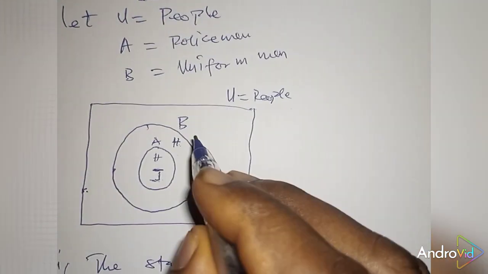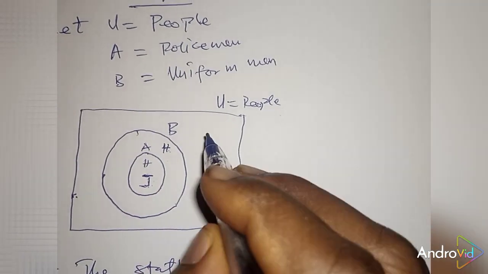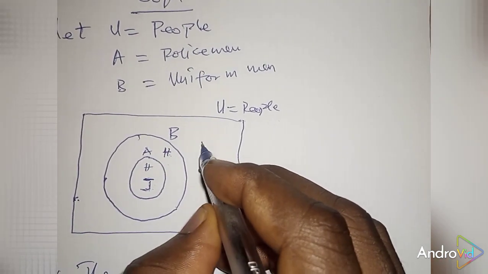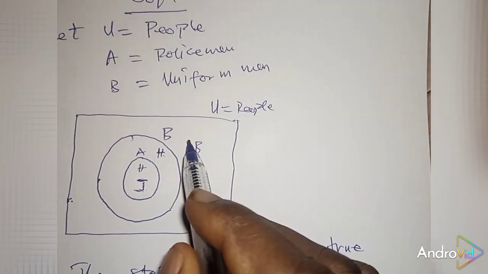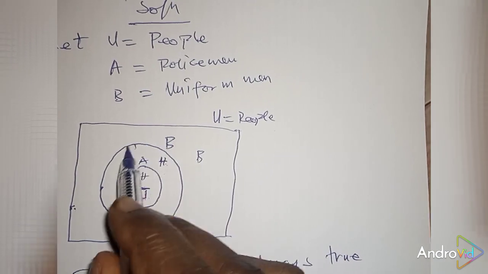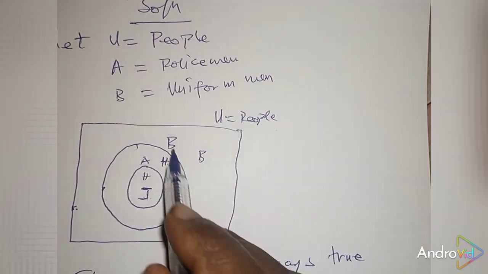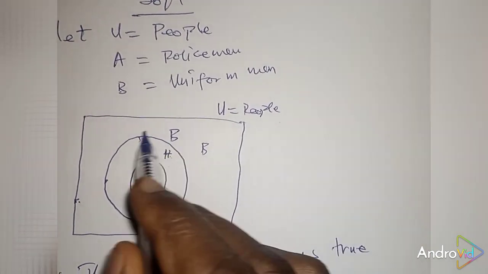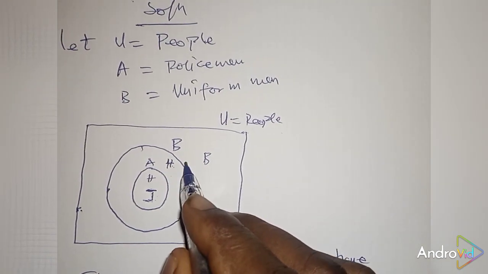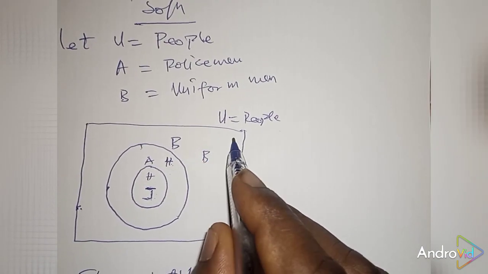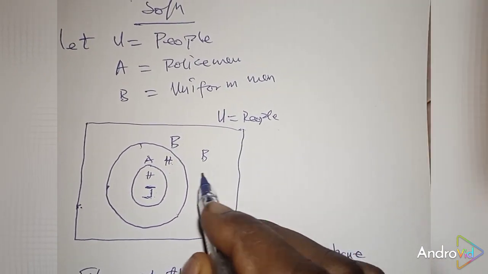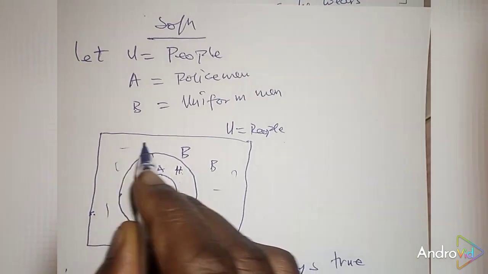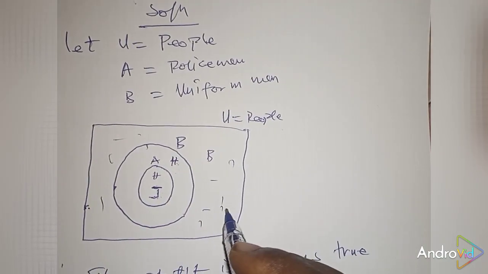So if Benedicta does not wear uniform, then it means Benedicta will be in this region, right? So it will be outside the region B. So this is the region B. So since Benedicta does not wear uniform, it means she will be outside this region, but inside the rectangular box, right? This portion. So these people are those who do not wear uniform.